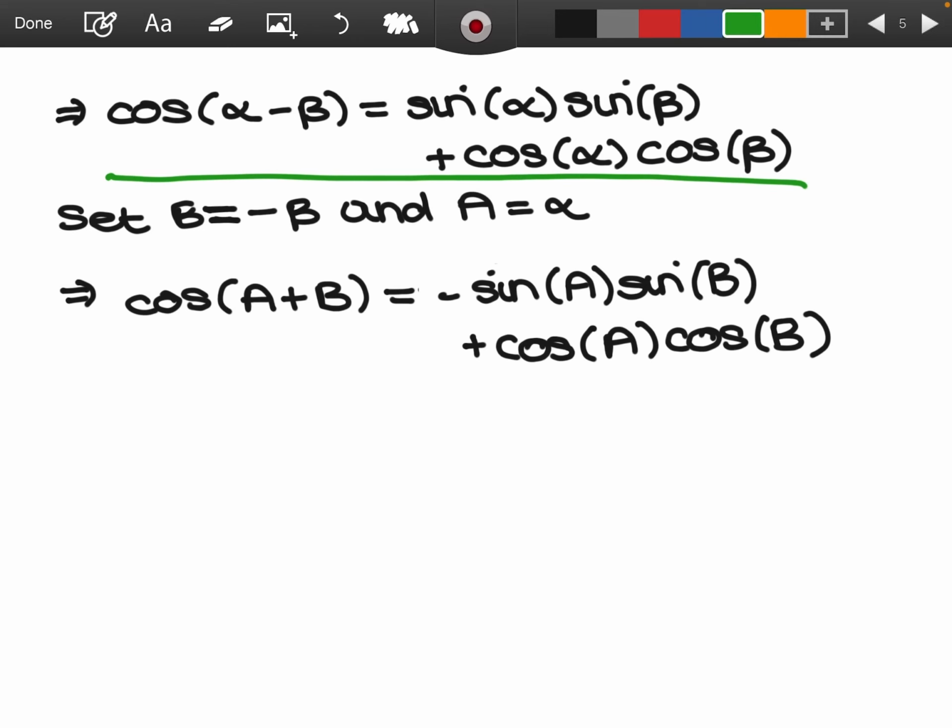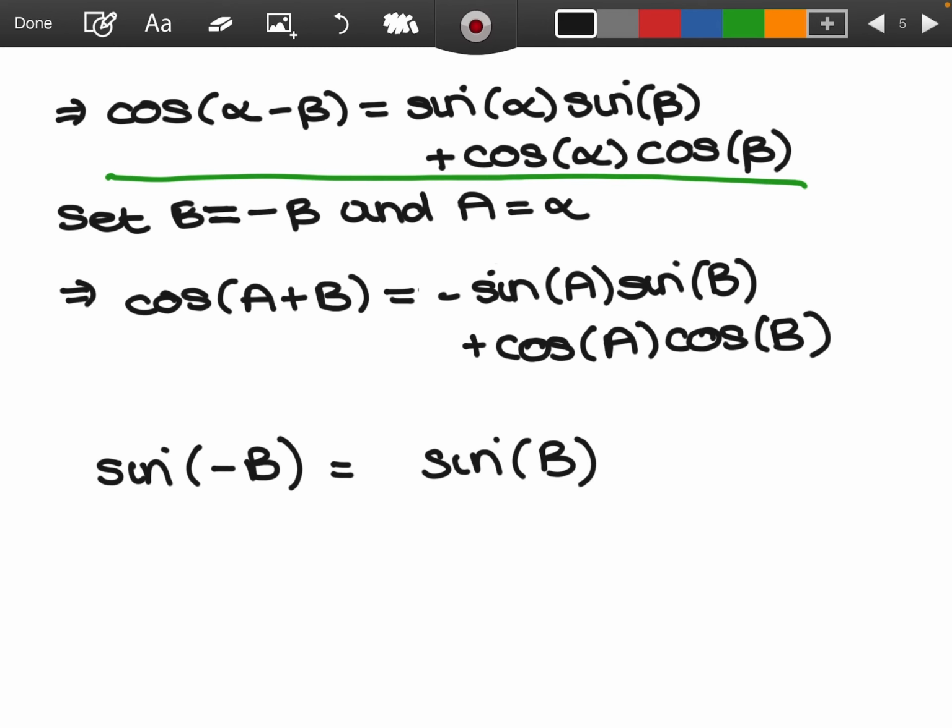When you get sine of negative b, I want to relate that to sine of b. When you take an angle, let's say pi over 3, sine of negative pi over 3 is exactly the negative of the sine of pi over 3.